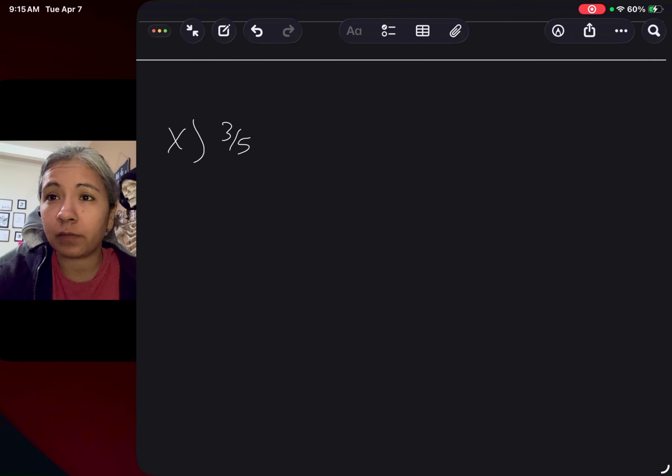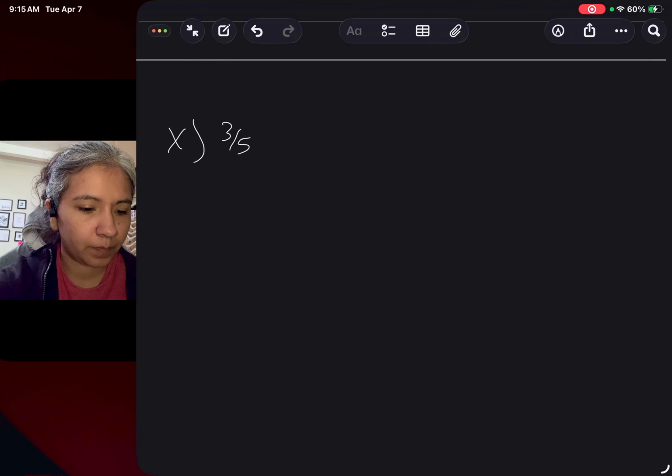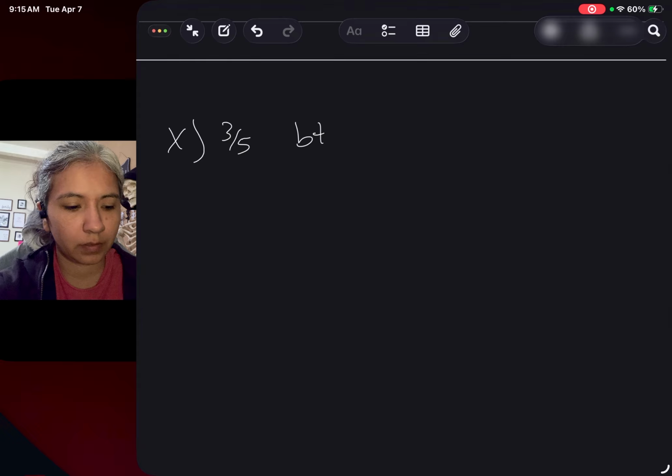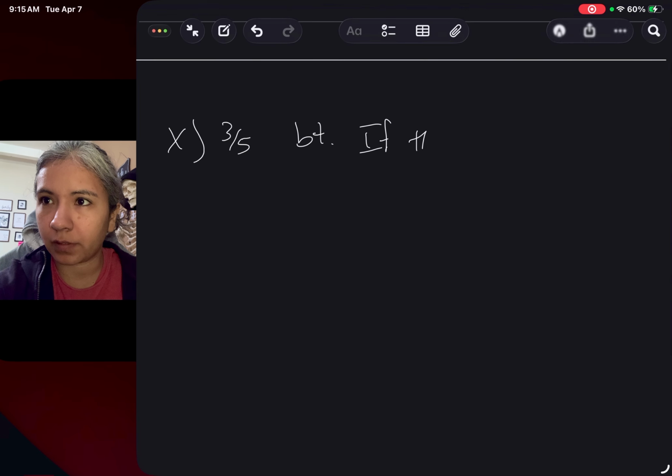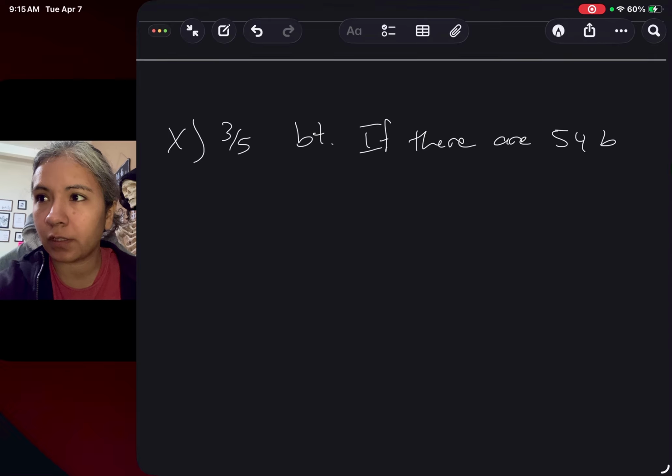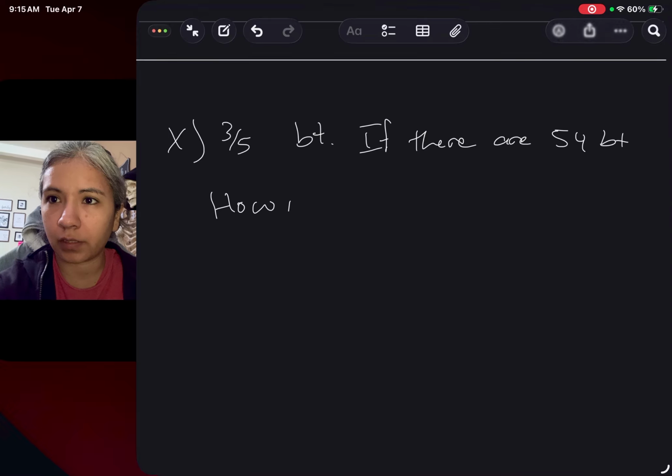So 3/5 of the fish are blue tangs, right? And if there are 54 blue tangs, how many fish in the lake?